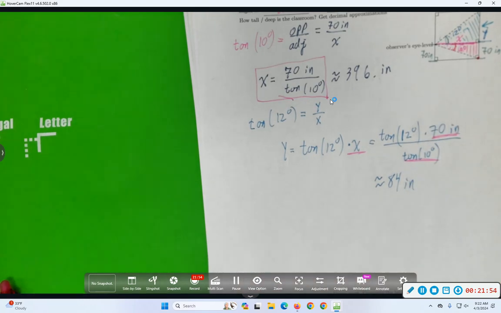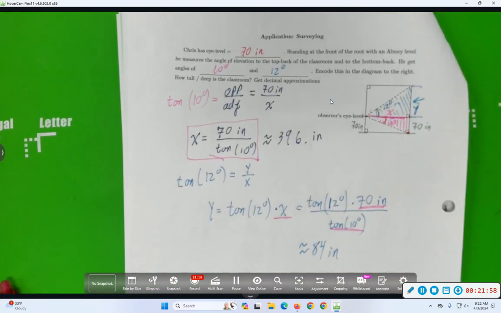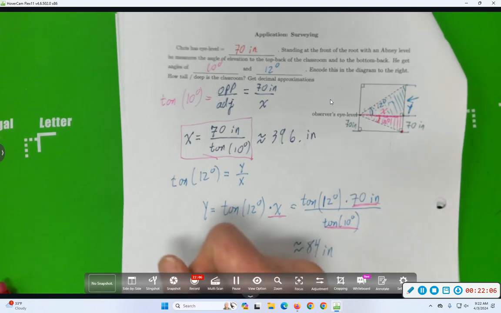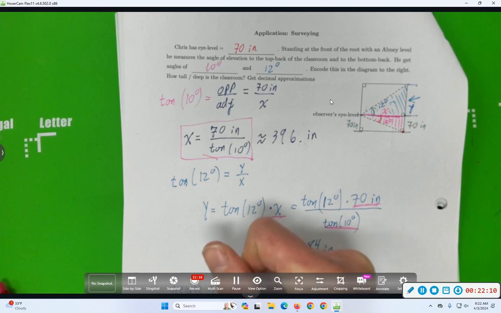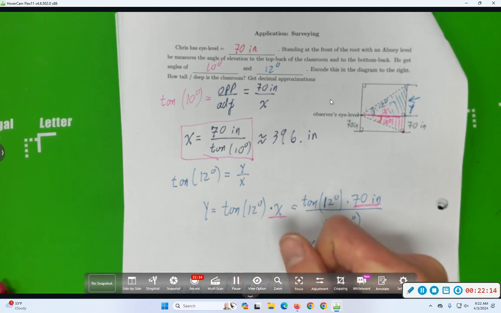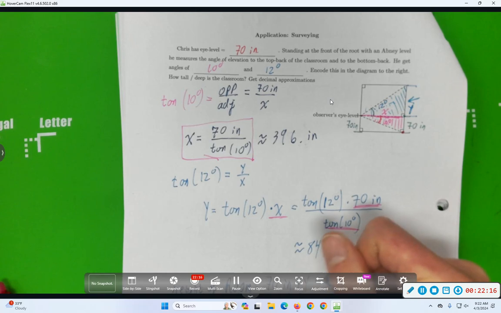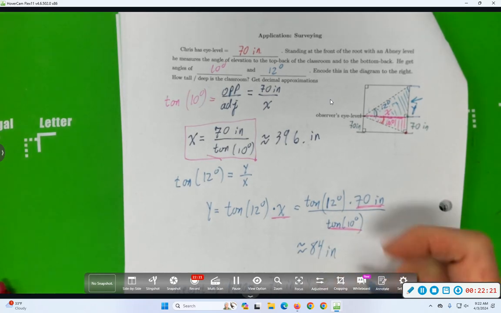And that's closer to the side length I actually want, right? So that tells me that side length y. If I want the whole height of the classroom, what do I do? Add them together. And let's see, I think I can add those two together. 7 plus 8 is 15.